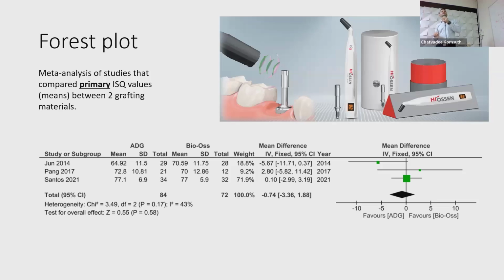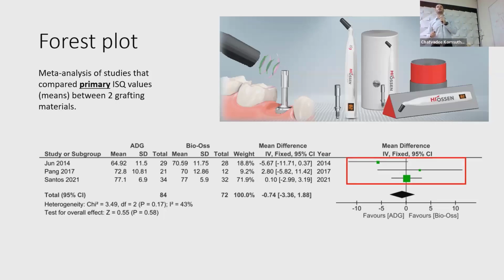We have several studies done on this topic, and now we combine those studies in one meta-analysis to see whether this graft gives similar implant stability to this graft. Okay? Now let's try to make this clearer again. When I look at the forest plot, this figure, I need to understand many things. So just wake up and let's pay attention together.